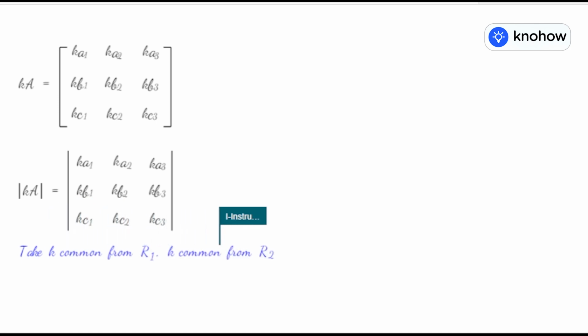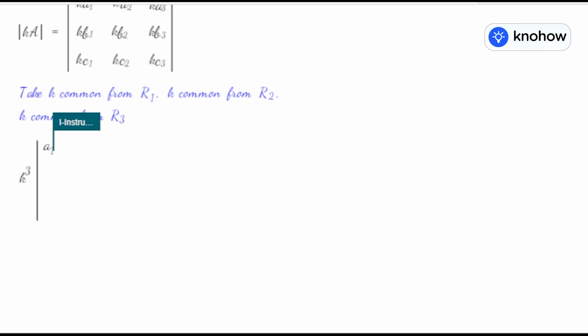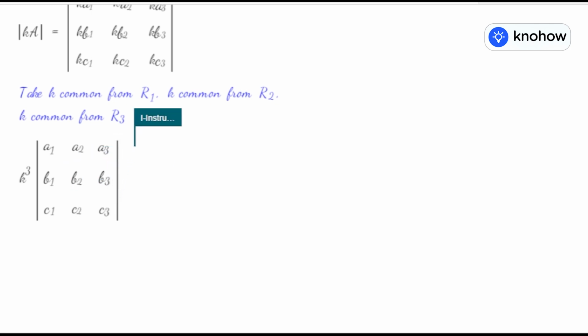So what do you get? Outside k into k into k, k cube times a1, a2, a3, b1, b2, b3, c1, c2, c3. So you get k cube times determinant A. So which choice is this? k cube times determinant A, that is your C part. So C part is the correct answer.